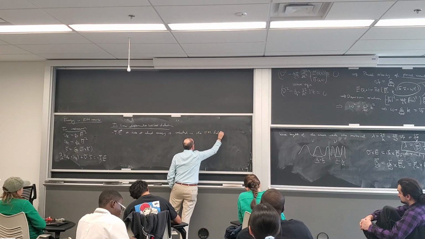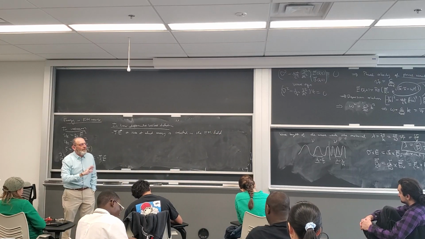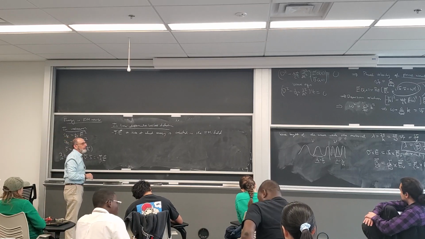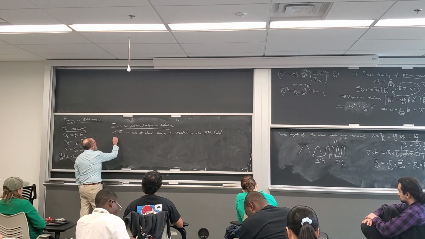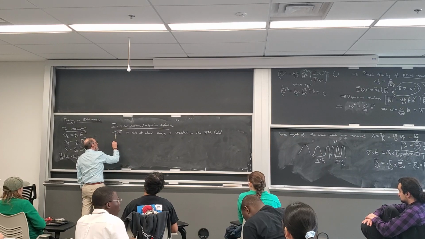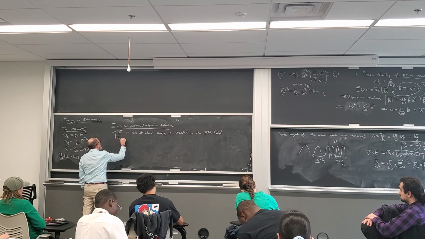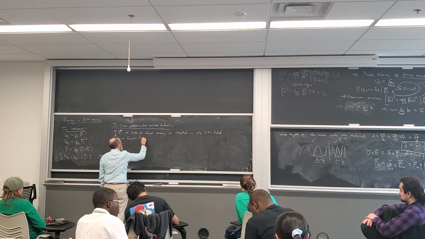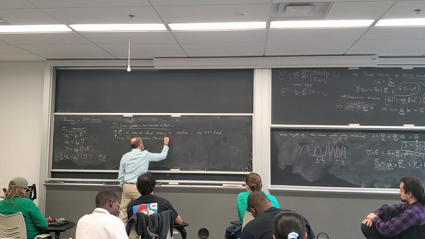This just comes from the Lorentz force law, which is true whether I'm in a material or not. That's that, okay? Now, from the macroscopic Maxwell equations, we can find J from the Ampere-Maxwell law.